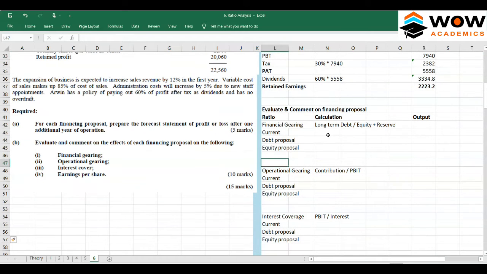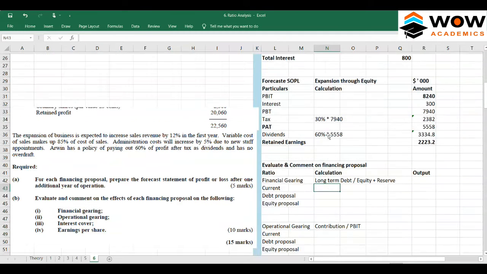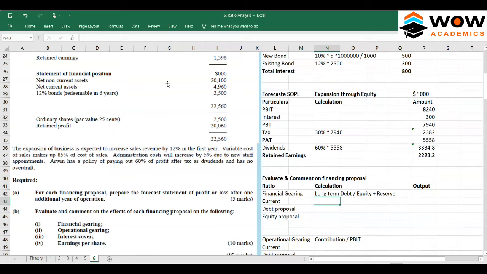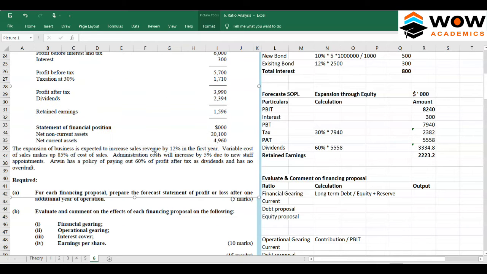Okay, I think we'll start. So what is the current long-term debt? So we'll get the numbers here.